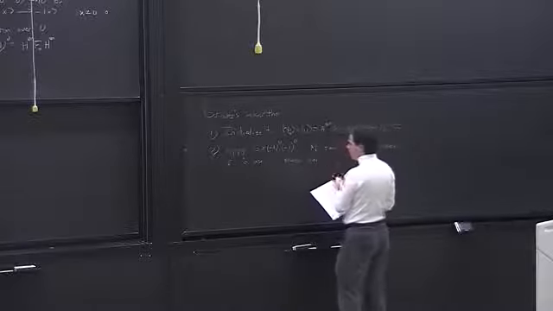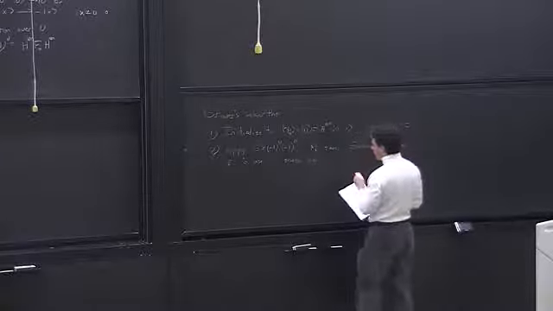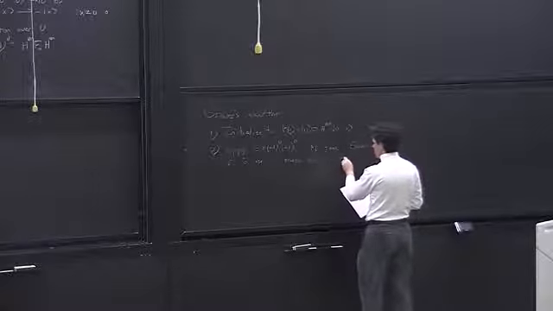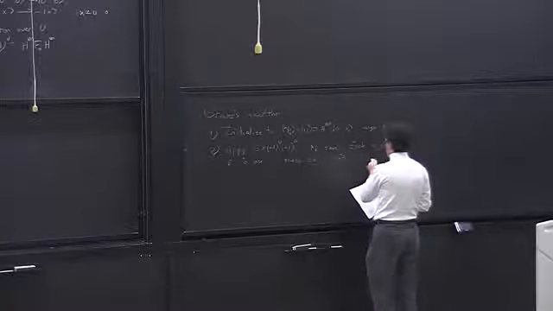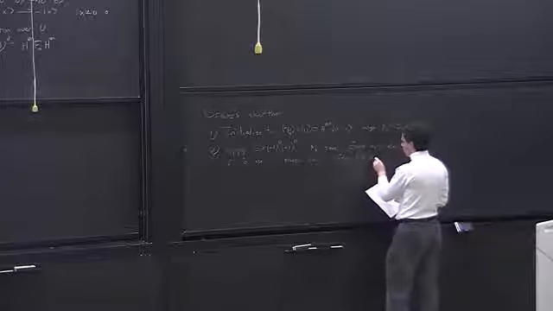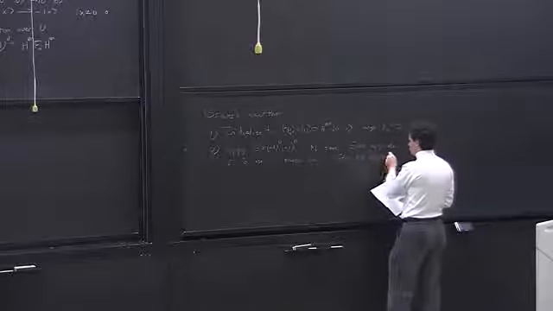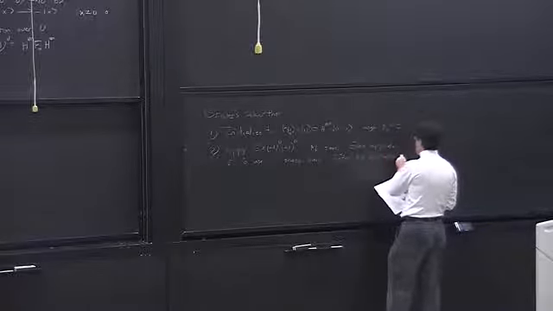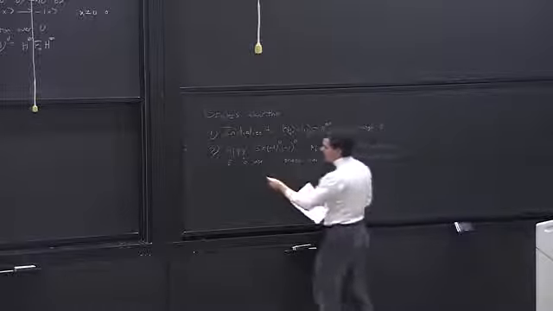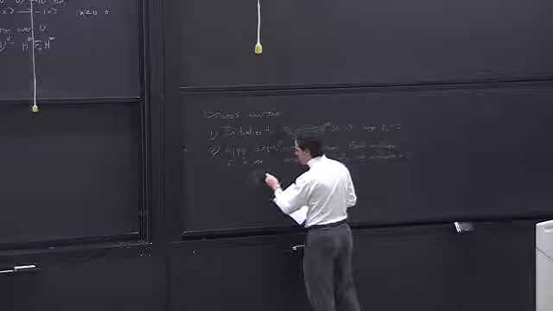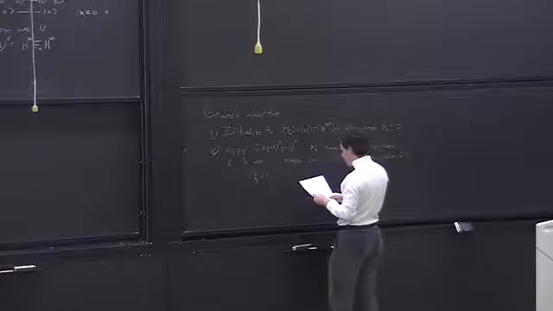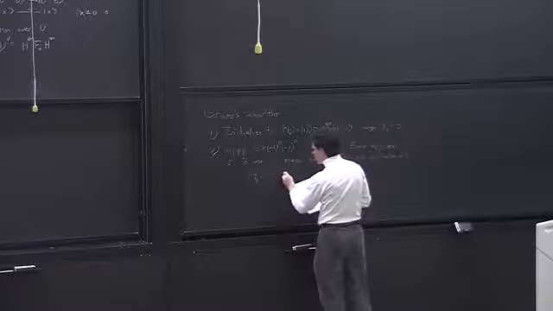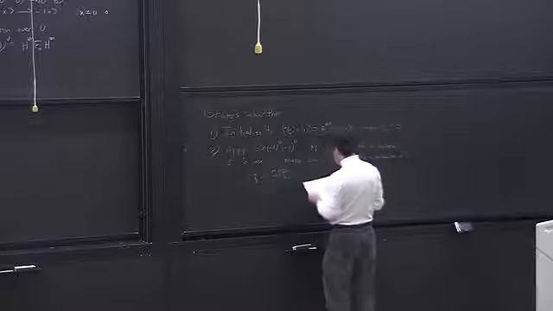And then after the kth application, we have the state psi sub k, which is G psi sub k minus 1 by definition.